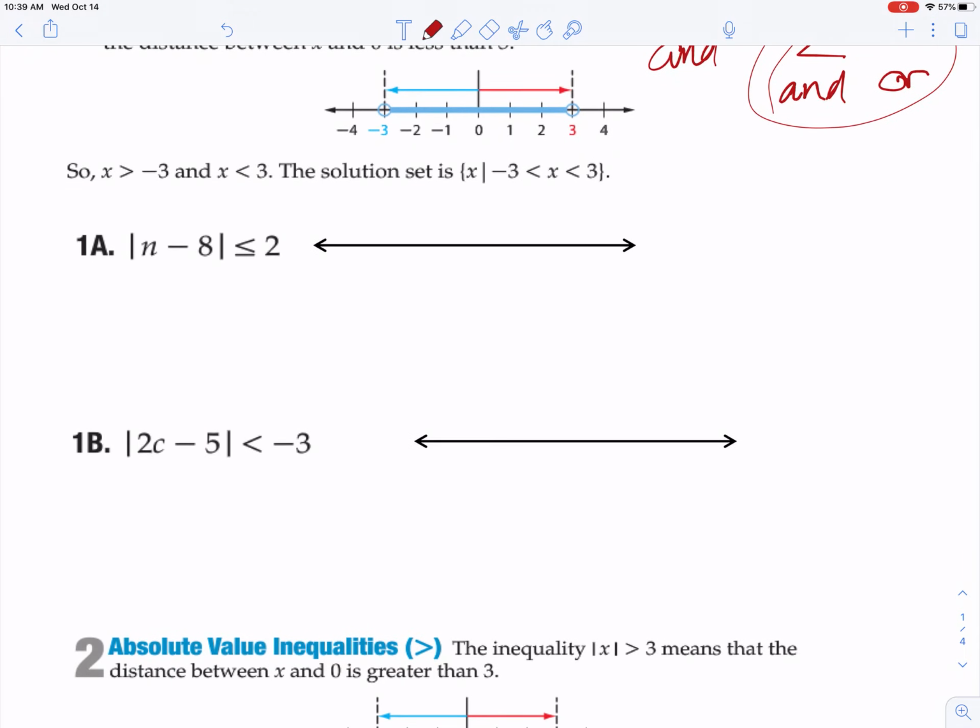So for these, you're going to have to kind of mix your inequality rules with your solving absolute value rules. Remember, with an absolute value equation, if this was an equal sign, what I would have said to do is n minus 8 equals 2, and n minus 8 equals negative 2.